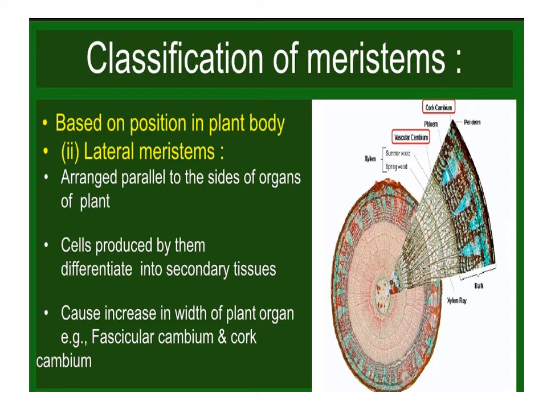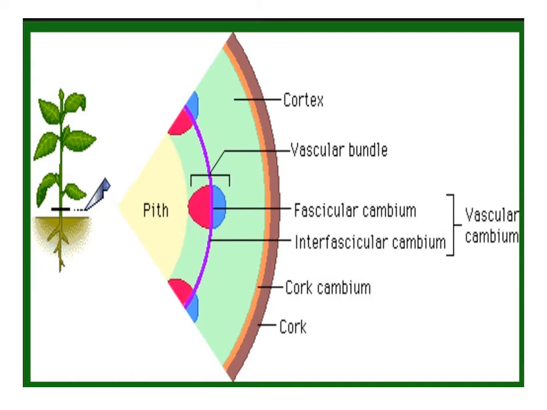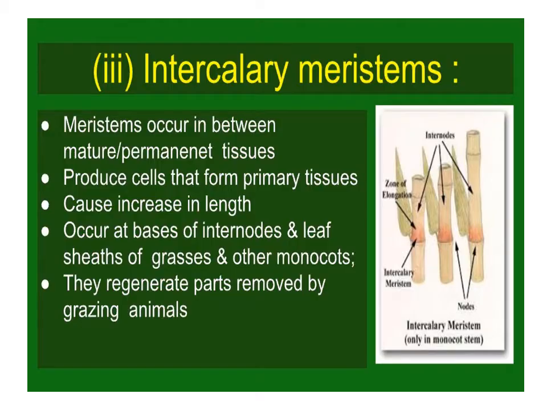Vascular cambium, interfascicular cambium, and cork cambium are examples of lateral meristem. These are responsible for producing the secondary tissues. Here is the structure which shows the different types of cambium, fascicular cambium and interfascicular cambium of vascular cambium.